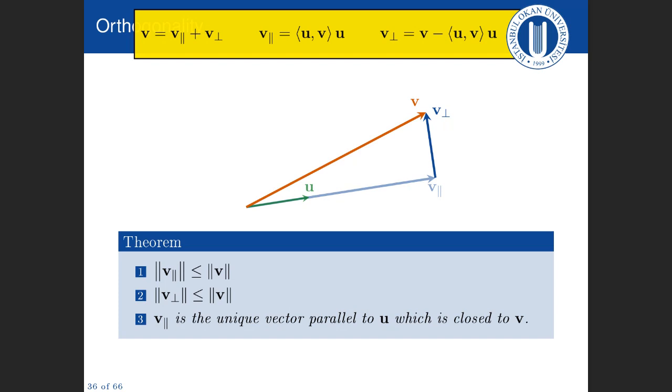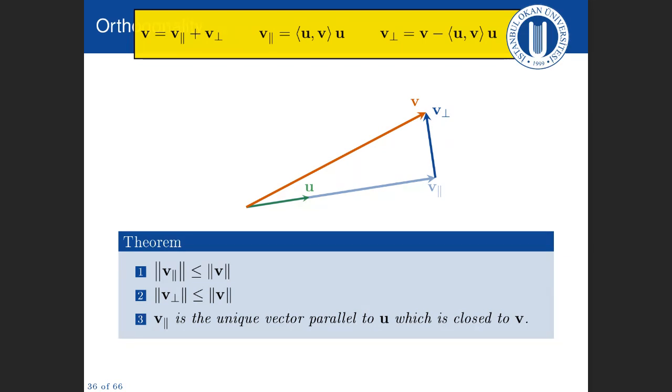A theorem about these. Some of these might be obvious to you from looking at the picture, but of course we have to prove them because if we use an unusual inner product, our picture might not really look like this one. Number one, the norm, or the length, of v parallel is smaller than the norm of v.